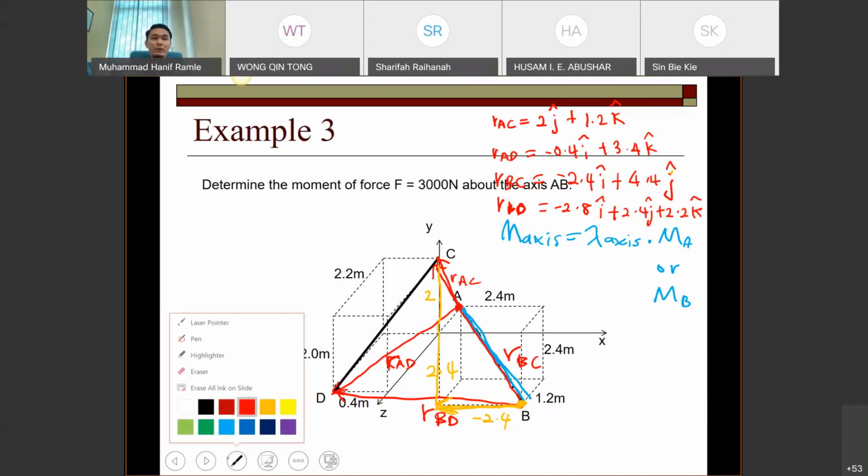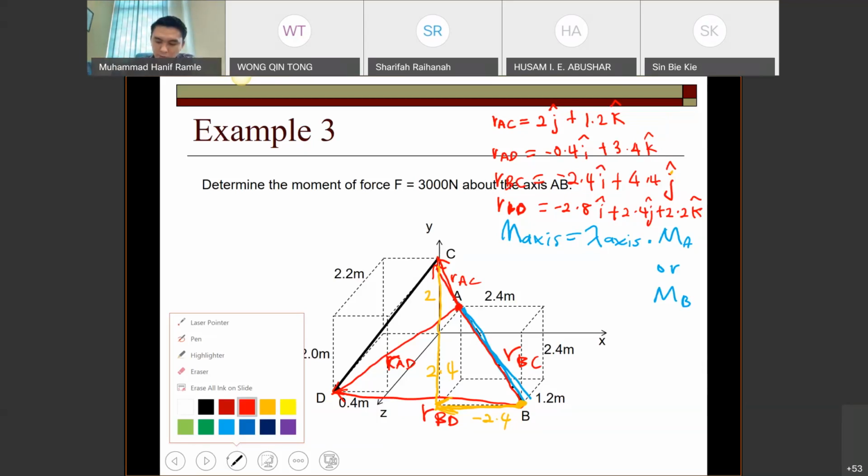For me, I will choose RAC because both of its components are in the positive direction. We can reduce our mistakes for the further calculation later on. RAD and RBC are still simple, but they have negative values. So in further calculation we may make mistakes because of the direction. So I prefer to use RAC.